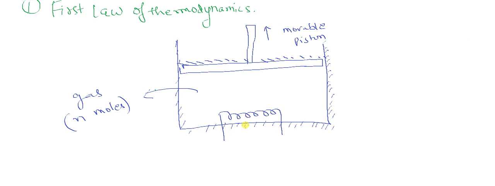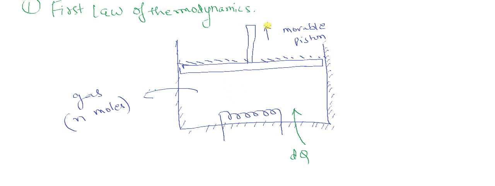So what happens here is, when you start this electrical heating assembly, some kind of heat flows into the system. Let that heat be dq. Then this heat is actually dissipated in the form of two things.